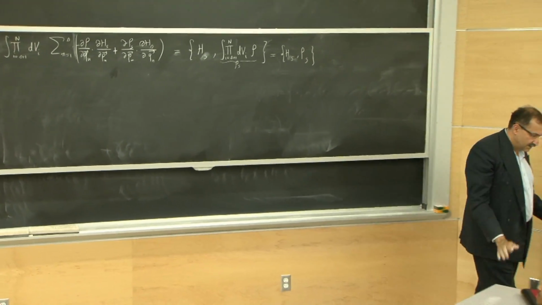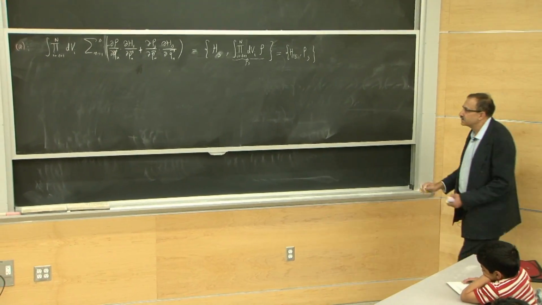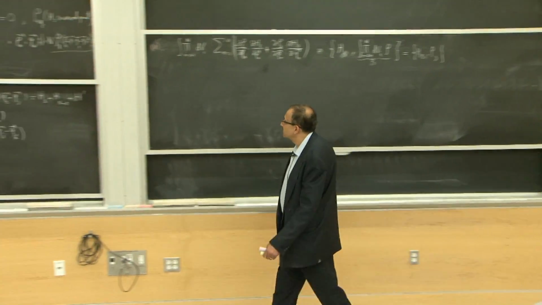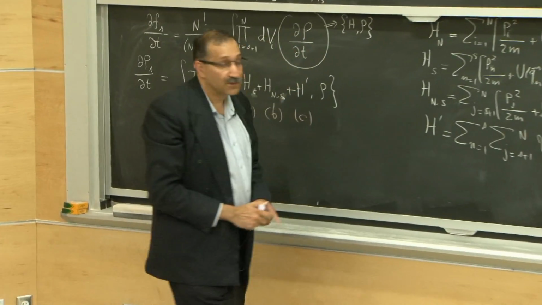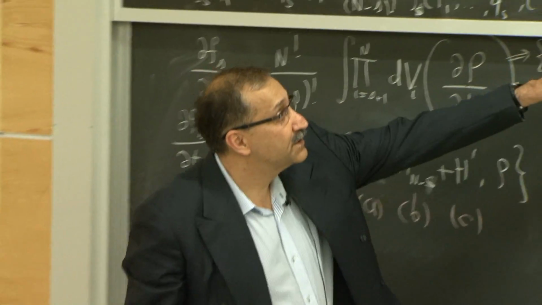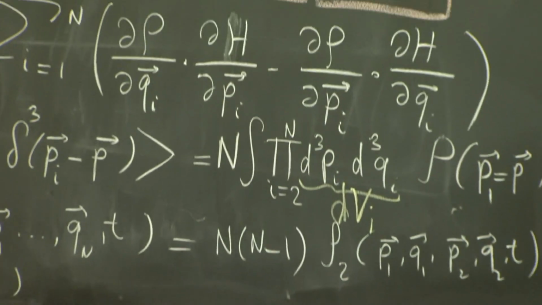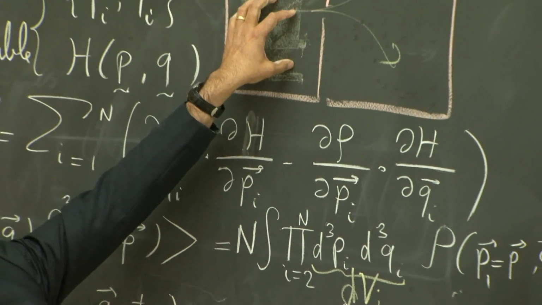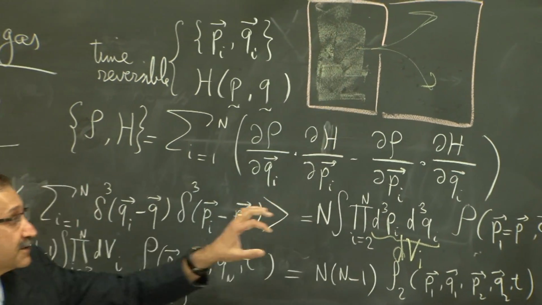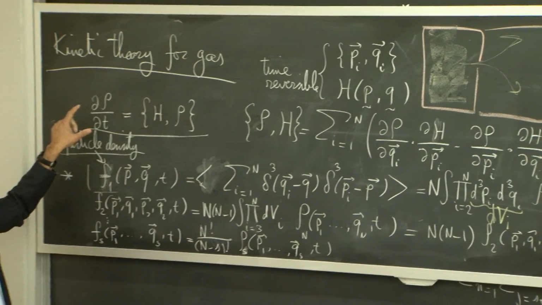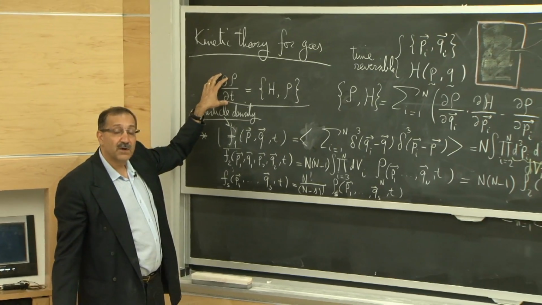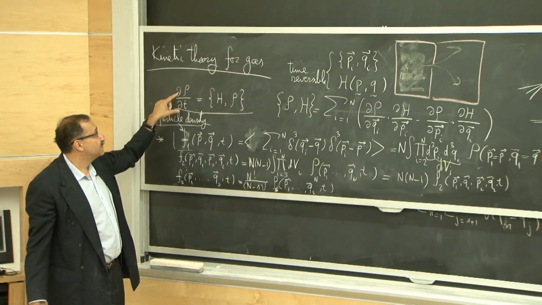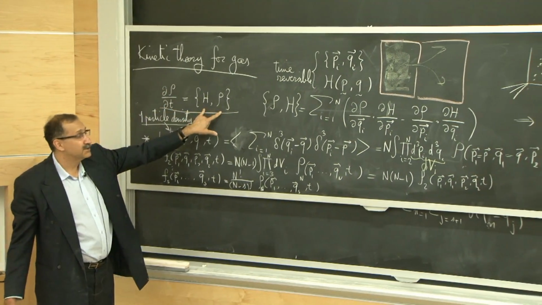Okay. What does it mean physically? It's actually much easier to tell you what it means physically than to do the maths. What we saw was that if I have a Hamiltonian that describes n particles, then for that Hamiltonian, the corresponding density satisfies this Liouville equation. d rho by dt is the Poisson bracket of h and rho.